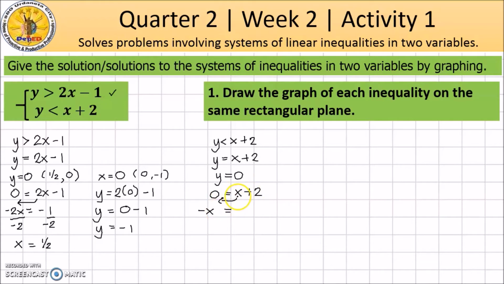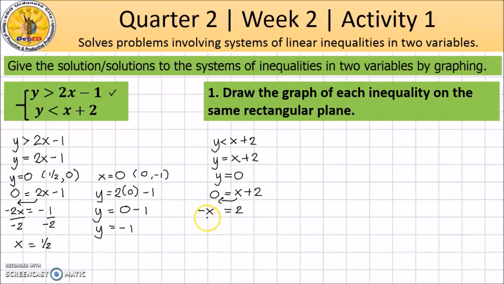Since this is positive, this will become negative. Now we will leave positive 2 on the right side of the equation. No need for us to write this symbol because if we see a number without a symbol, it is automatically positive.